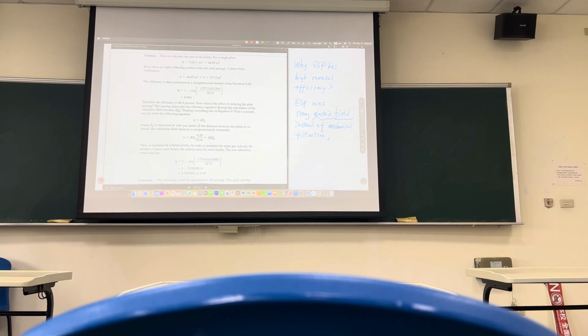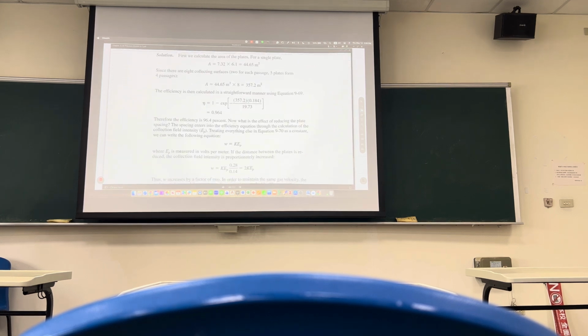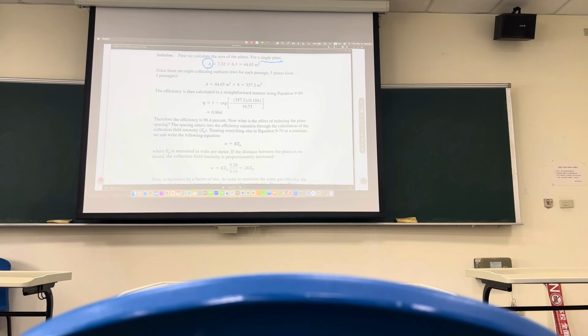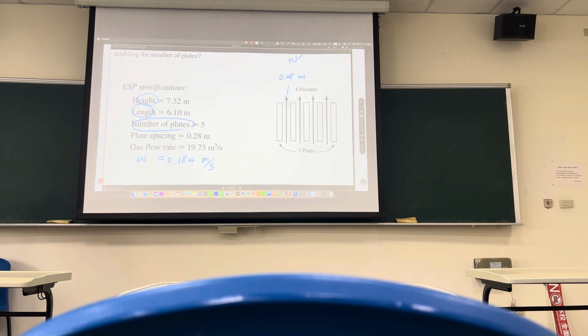Step 1, we need to find area, for a single plate. So the area is 44.65. And why do we times 8? Because, student, we have 5 plates, right?